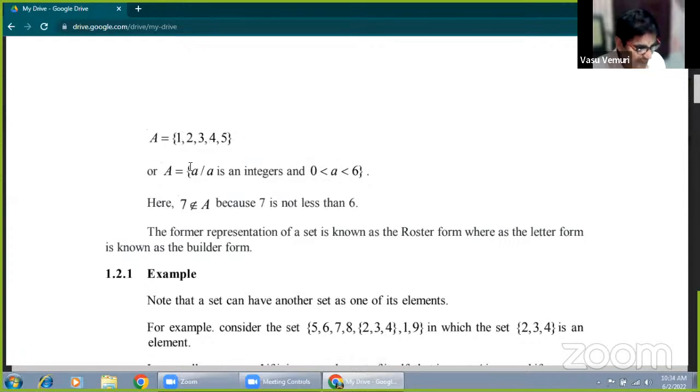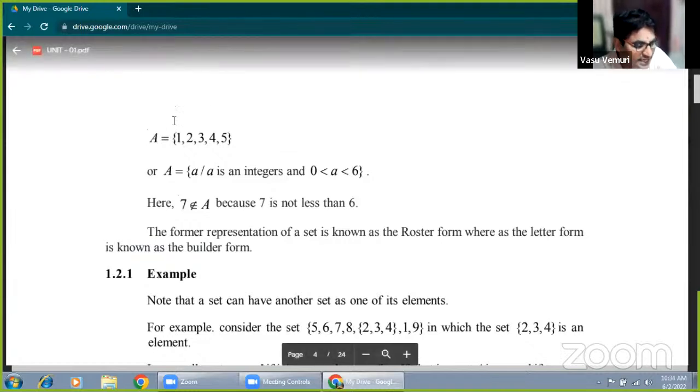This set is represented in roster form as capital A equals the set of small a1, a2, a3, a4, a5, or numerically 1, 2, 3, 4, 5. This is the collection of objects, and these objects are called elements.